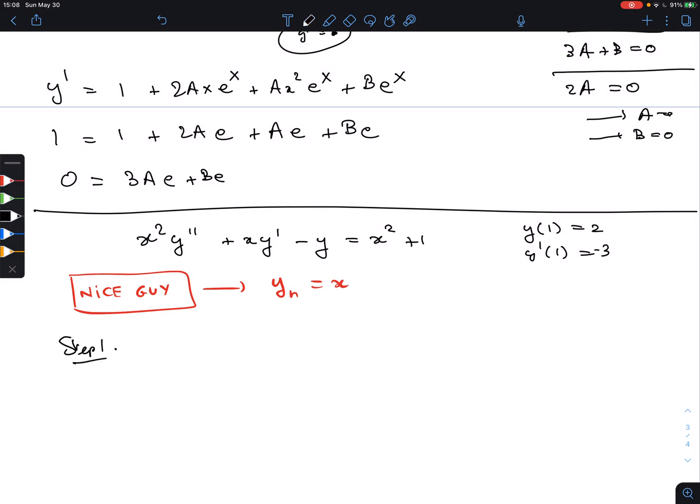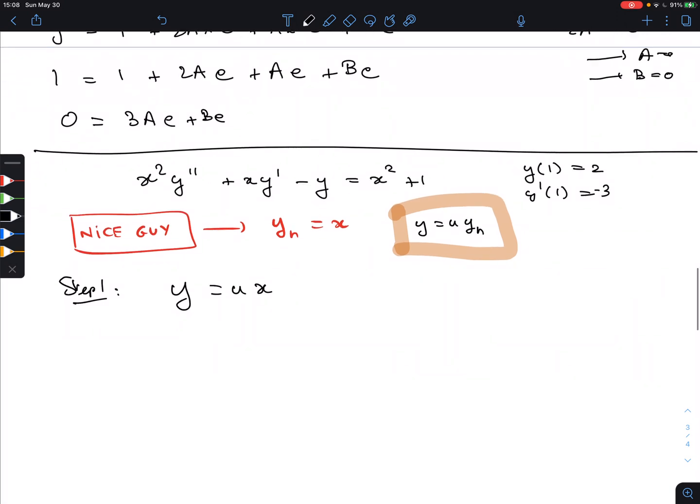So step 1, we're going to use y is ux. And remember, our formula is y is u times the homogeneous solution. So u becomes our parameter. So take derivatives. y prime is u prime x plus u.